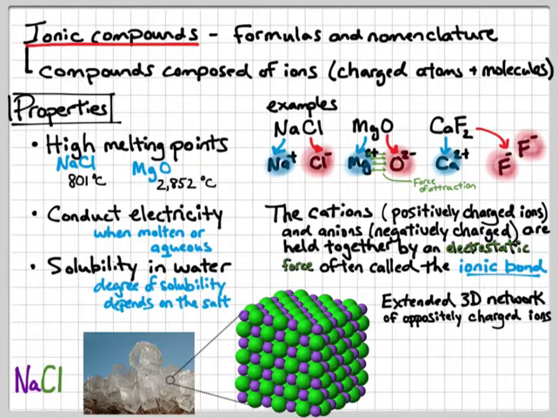In this cartoon, the purple spheres represent the positively charged sodium ions. So we have positive sodium ions in the purple. The negative spheres represent the negatively charged chloride ions in the structure.